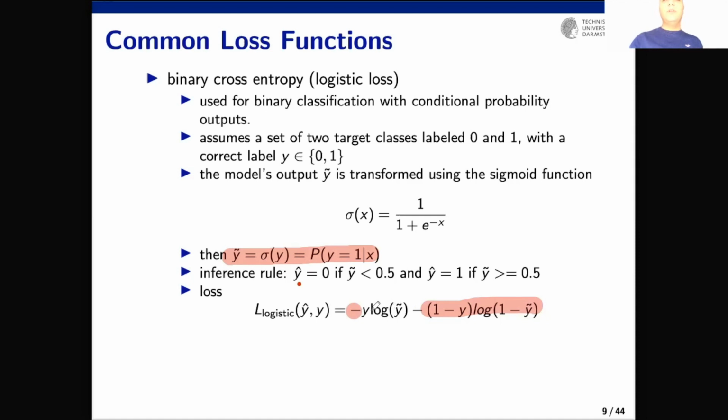So if our model for a true label 1 predicts a probability of 0.6, or 0.7, or any probability greater than 0.5, we try to push it further. We try to push this probability to get close to 1.